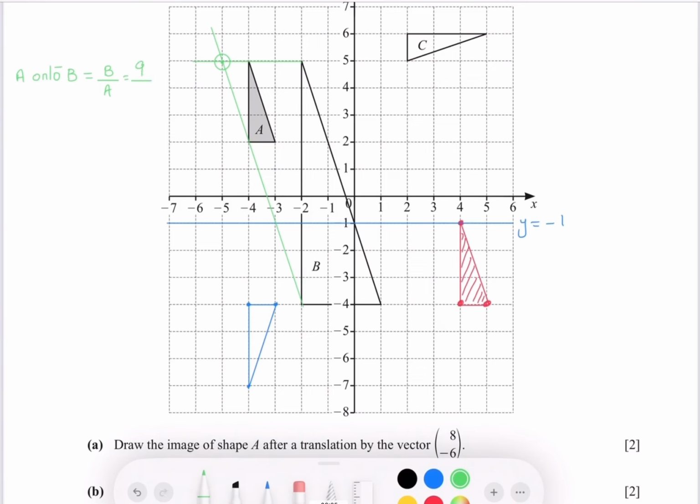So the corresponding side of A is 1, 2, and 3 units. So 9 divided by 3 is 3. So scale factor came out as 3, positive 3. So now we can write its description.